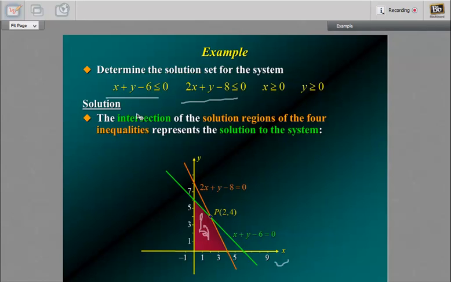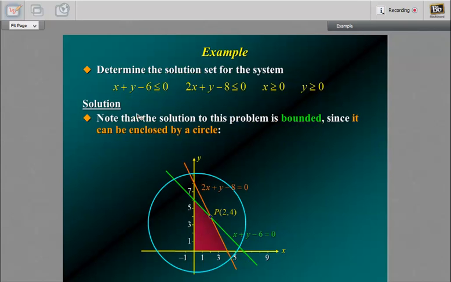Yes, it can be enclosed in a circle, so it is bounded. Note that the solution to this problem is bounded since it can be enclosed by a circle. So we can say that it is bounded.